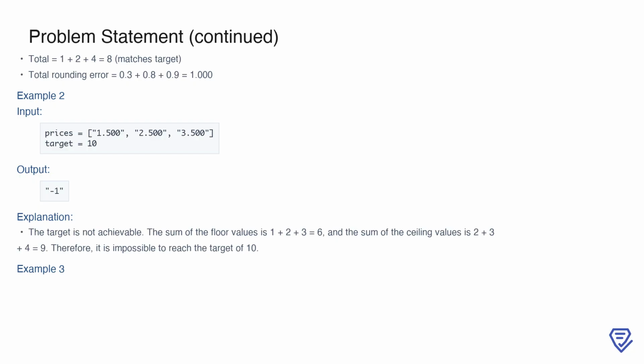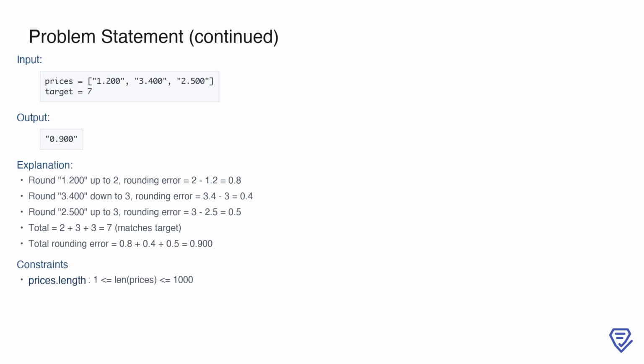In the third example, the prices are 1.200, 3.400, and 2.500, and the target is 7. Here, we can achieve the target by rounding 1.200 up to 2, which gives a rounding error of 0.8. Then, we round 3.400 down to 3, leading to a rounding error of 0.4.